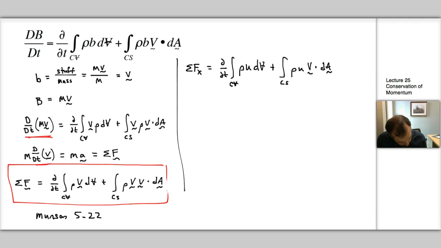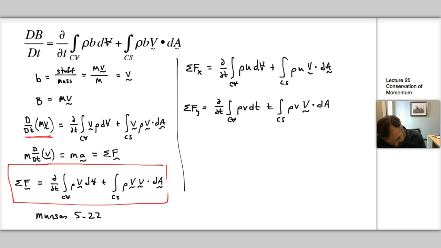We can do the same thing for the y direction. The sum of the forces in the y direction is equal to d over dt integral over the control volume of rho v dV plus the integral over the control surface of rho v v dot dA. And finally, for the z direction, we do the same thing.